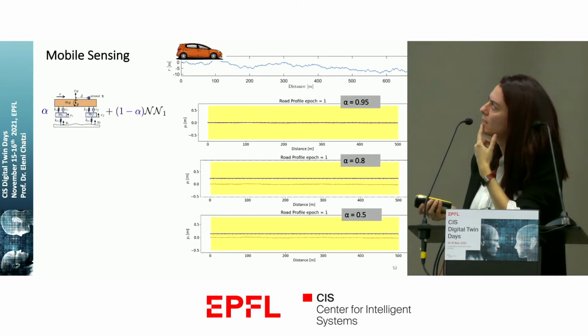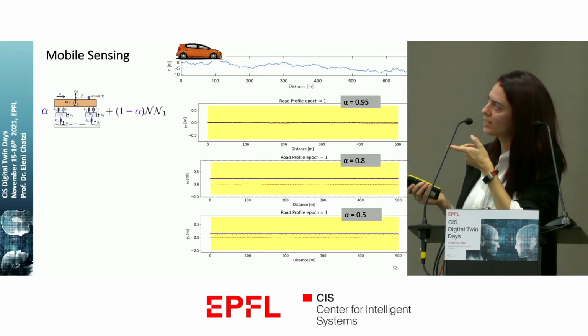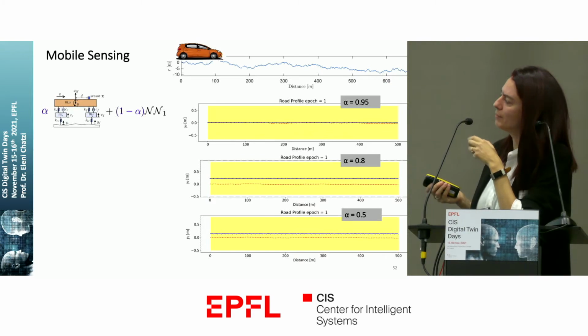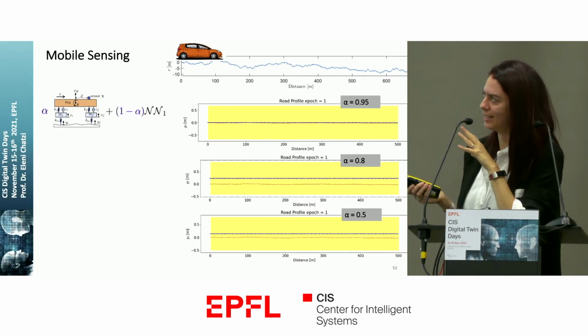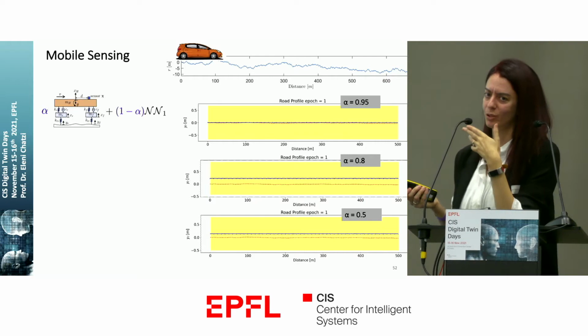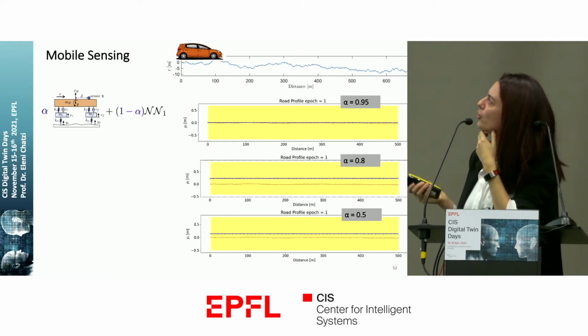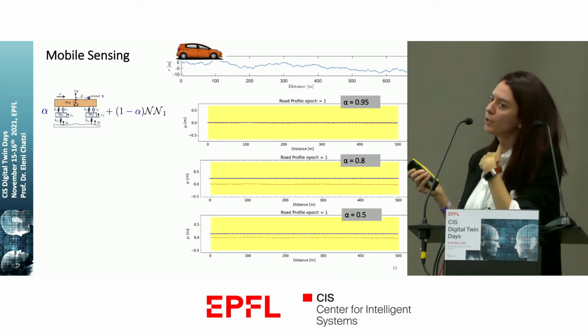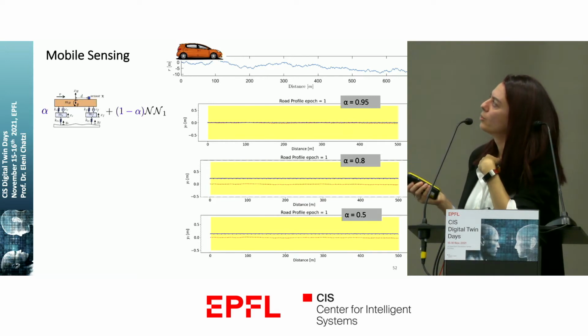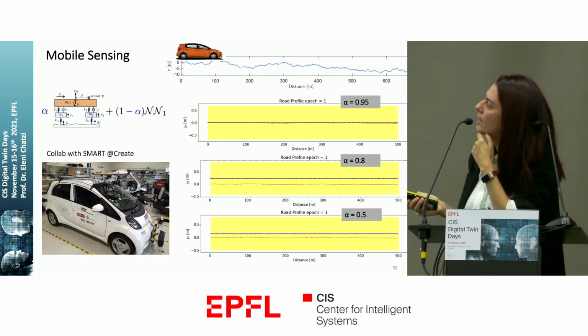We did this on a simulated example, and here I just want to show you the influence of merging this physics-based and learned term by using a forced coefficient, in this case alpha. In reality, this coefficient is also learned. It's optimally derived. But just to show you the influence of physics, here is this problem of the vehicle that drives along a road of this kind of profile, and we want to be able to infer that profile. And so we're using a reduced order model, a half-car model, which is typical to describe this kind of vehicle. And then we try to, let me see if this will run.